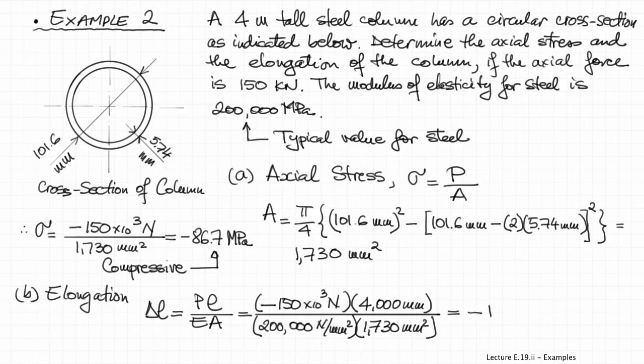The elongation will result as negative 1.73 millimeters. So the negative sign indicates that this column will indeed become shorter as a result of the compressive axial force that is applied to this column.